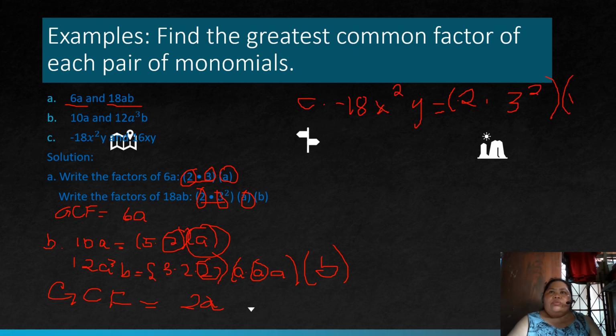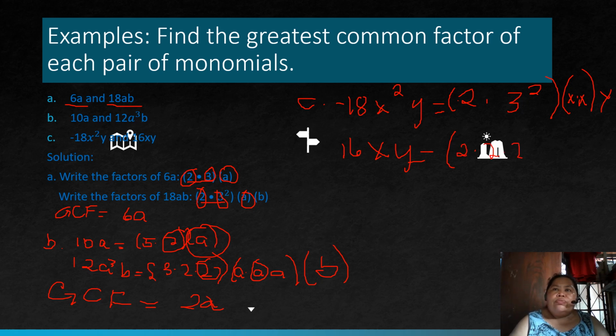And then we have 2 x's and then y. And then we have 16xy. For 16, we get 2 raised to 4, because 2 times 2 times 2 times 2.